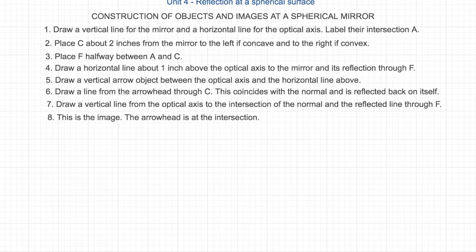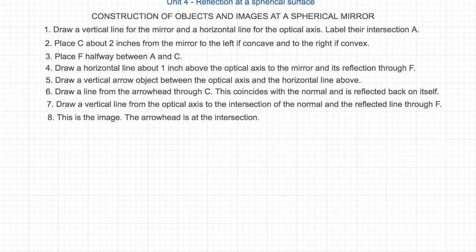You can put a little arrow on the top, and you draw a line from that arrowhead through C. Now that's the normal. That means the angle of incidence equals the angle of reflection, which equals 0. So the reflected ray reflects back on itself. Where that line intersects the line through the focal point, that is where the arrowhead of the image will be formed. And you draw that image, and you have it there.